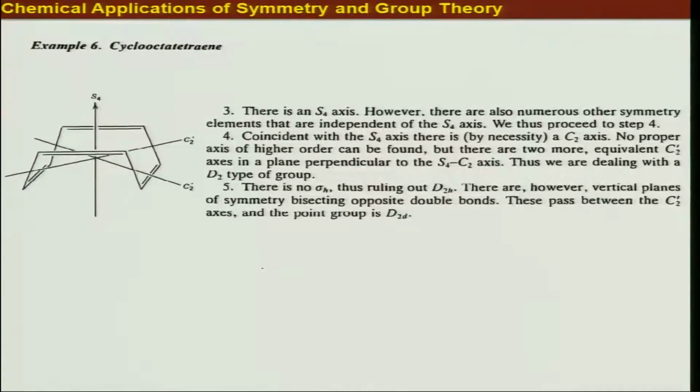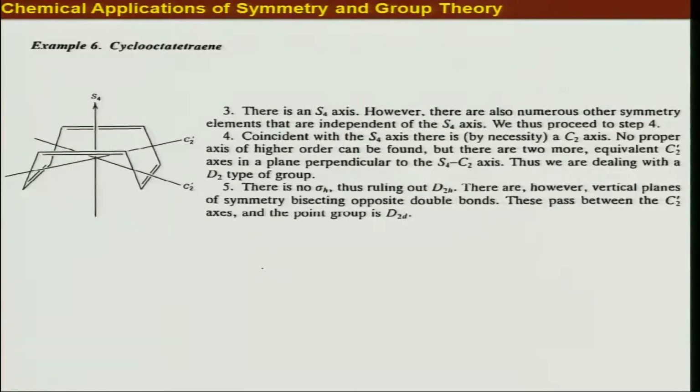So, let us move on to another molecule, which is cyclooctatetraene. Now, you see in the previous example as well as this current example, it is very vital to know the structure.